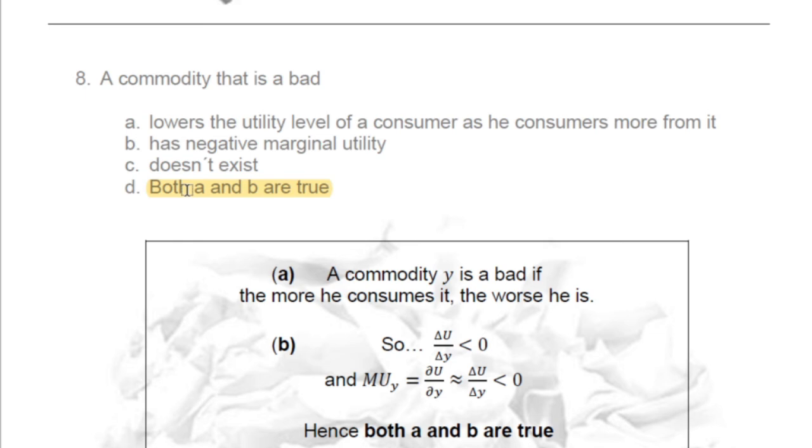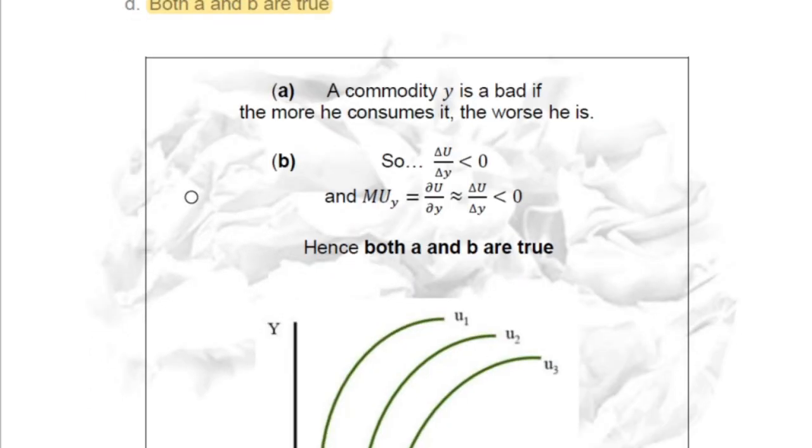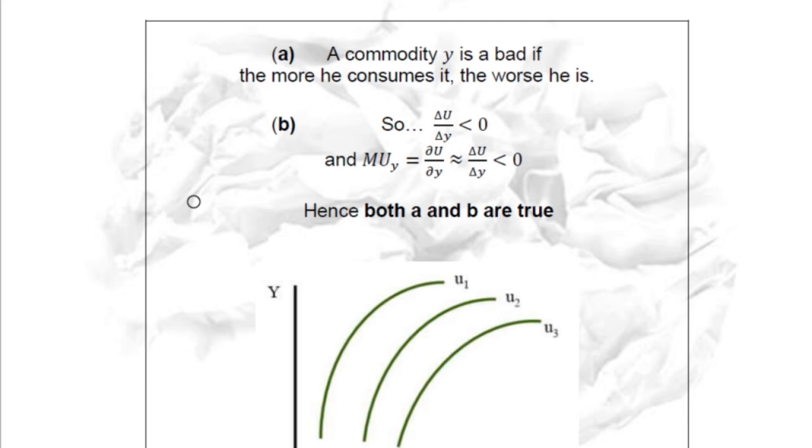Again, I put here a graph. I will try to explain it. If I set a certain consumption level for y, for example here, and I consume more from x, I go to utility level 1, then utility level 2, utility level 3, etc. So I am better off.